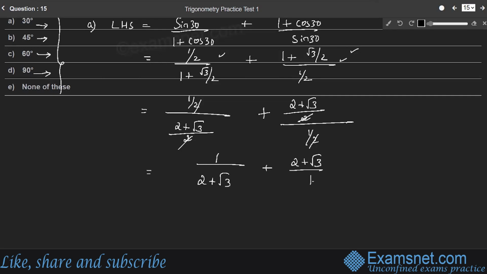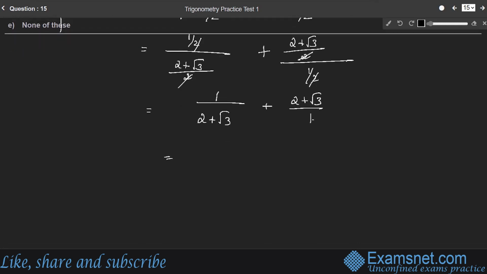Right? So, again, let us consider the LCM. So, 2 plus root 3 is the LCM. So, numerator becomes 1 plus 2 plus root 3 the whole square. Right? So, which is equal to 1 plus 2 plus root 3 the whole square, meaning a plus b the whole square. A square is 2 square, which is 4, right?